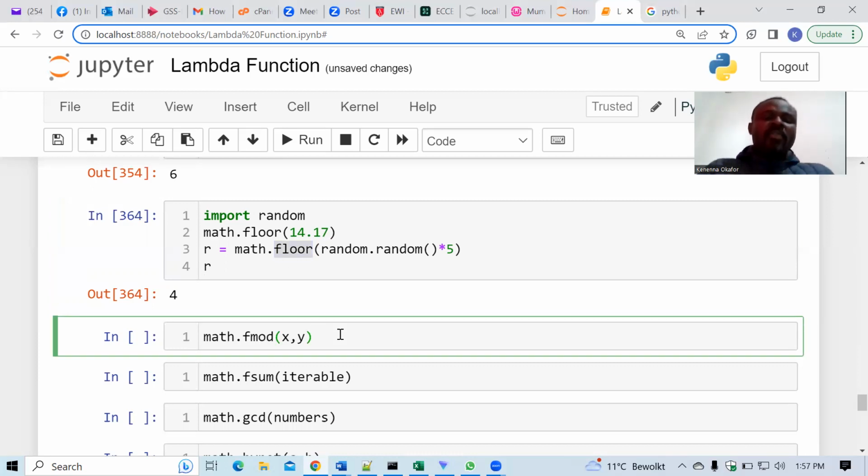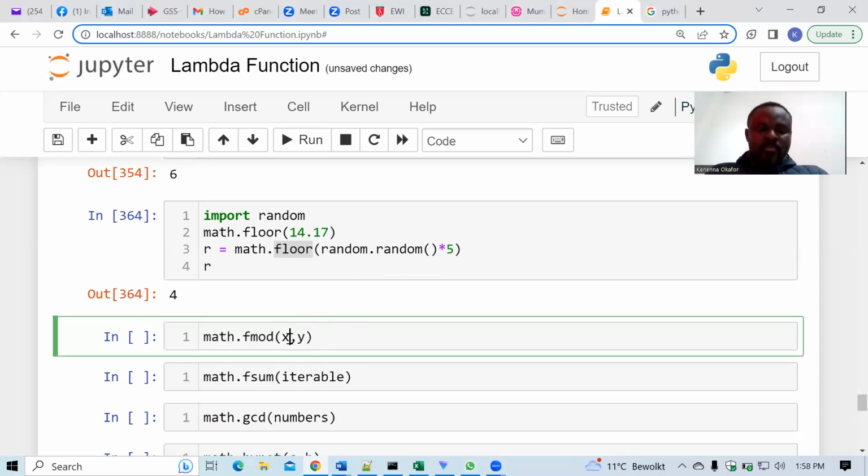What about the fmod method? In this instance, guys, simply the remainder, so to say. What will be the remainder after a division operation? That remainder will be returned by the fmod method.